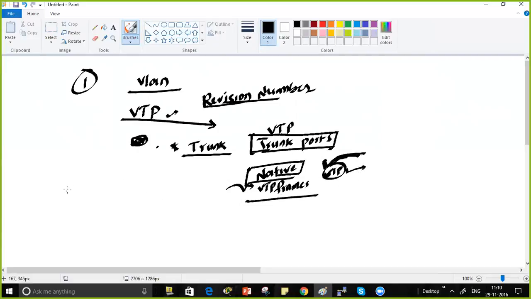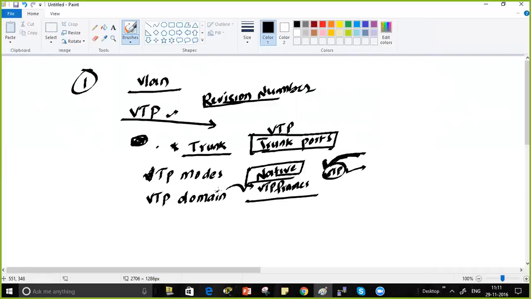After trunk port configuration, you have to give the VTP mode. After that, you have to configure the VTP domain name.